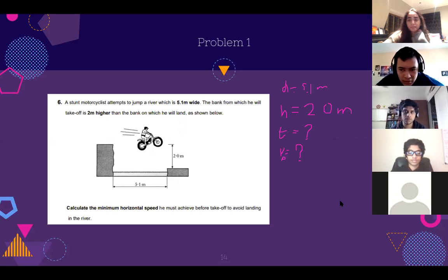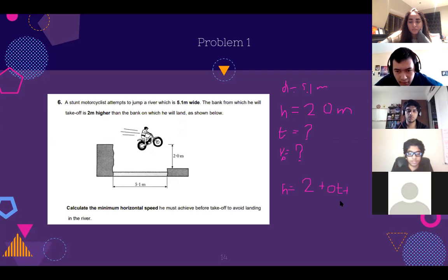So we're going to want to find the time it takes for him to fall 2 meters. So we're going to use H equals 2 plus 0 t. And now it's 0 because they have no vertical velocity to begin with.